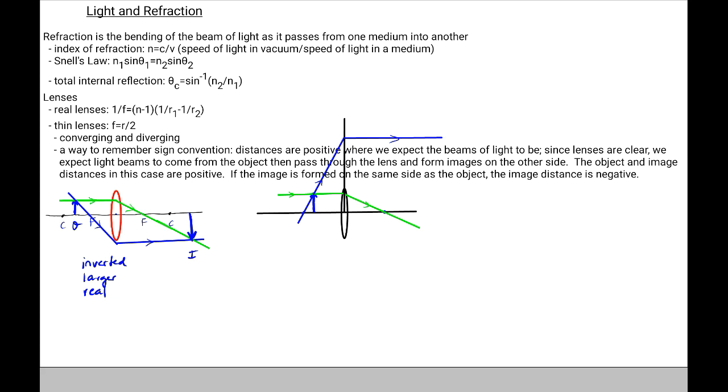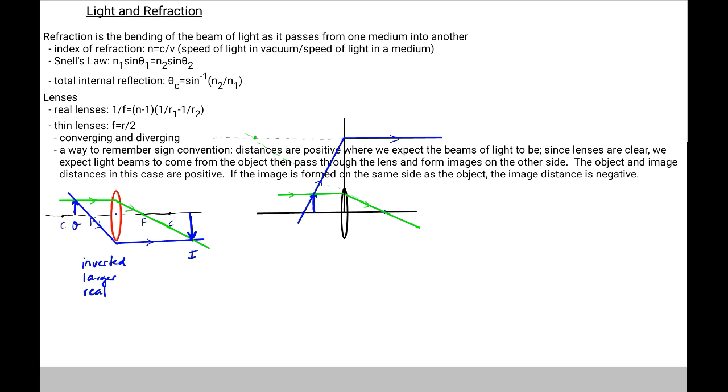and I'm going to do it, this one first. So I extended it back, and I'm going to use dashed lines because the actual beams of light, the refracted beams, don't go on that side of the lens. And I'm going to extend this other one, very poorly.